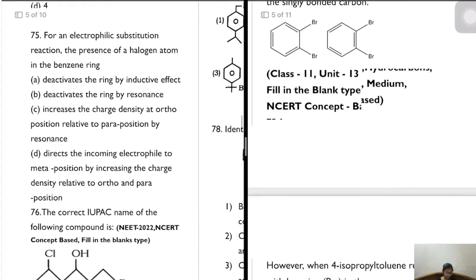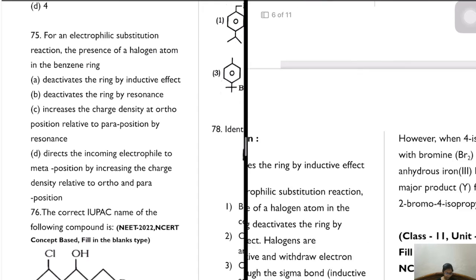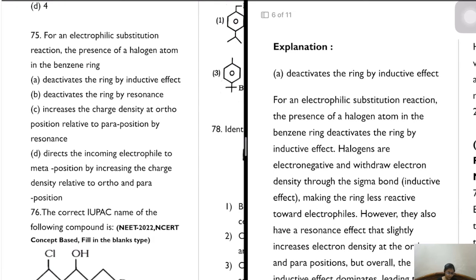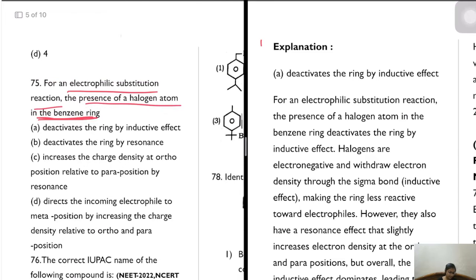Now let's see the next question. For electrophilic substitution reaction, that is the electrophile is attacking, the presence of a halogen atom in a benzene ring, what does it do? See, for example, I have X, or let it be chlorine, bromine, anything. What will it do?